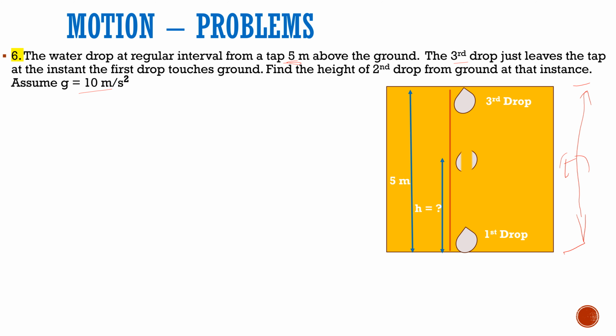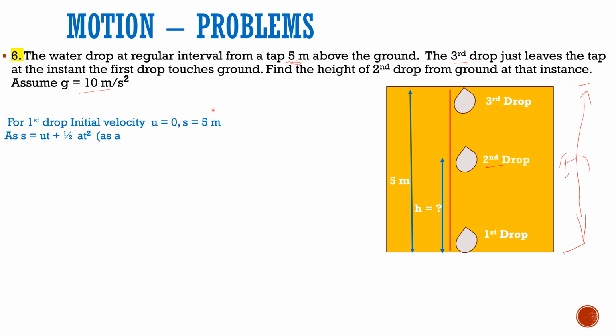So finding t is quite easy. The second drop is somewhere here. This is the second drop, and we need to find this height, the height the drop is above the ground. So for the first drop, if we find the time, we know that distance covered h is equal to half g t square.